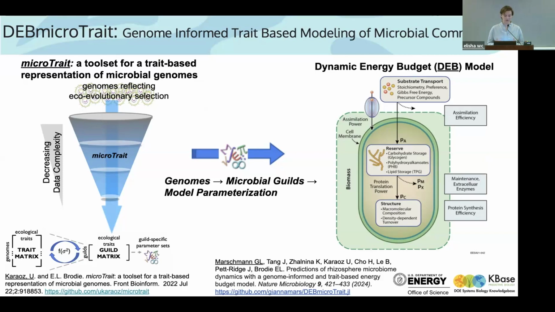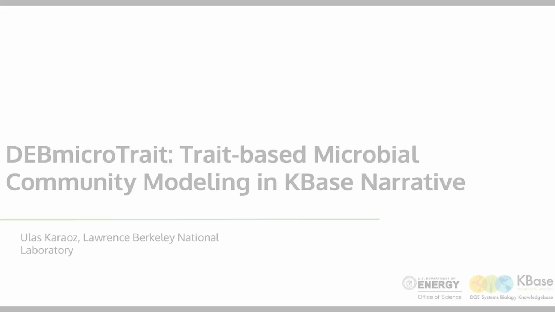And then we simulate these guilds and how they compete in a coarse-grained representation of carbon and energy allocation in a dynamic energy budget model. These tools are published, and we are working on a public narrative. So Ulas will go over the narrative next.